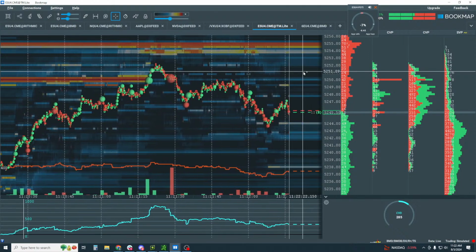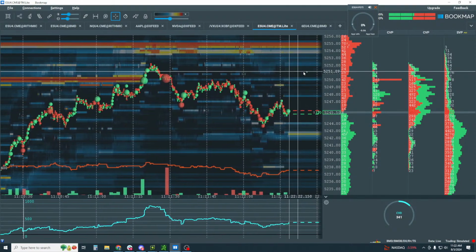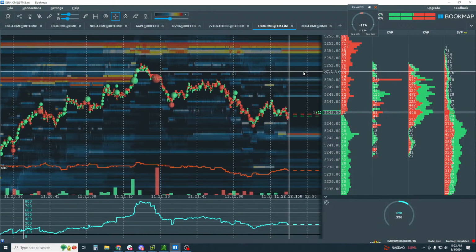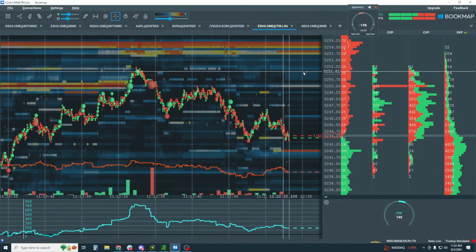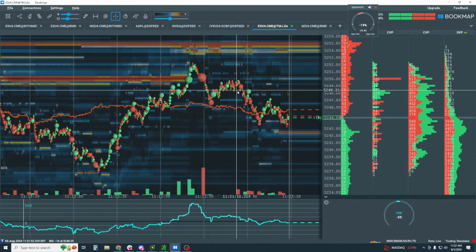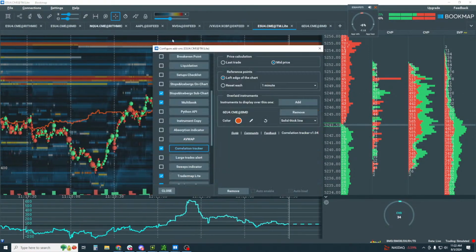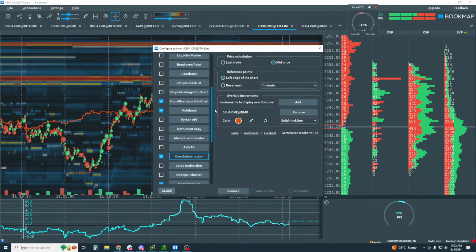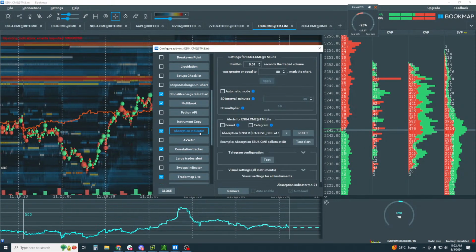Yeah, Alex, you can use the absorption indicator. It should be working. I'll put it up on the chart here from the Map Lite version. I haven't had any issues with it. Let's see.